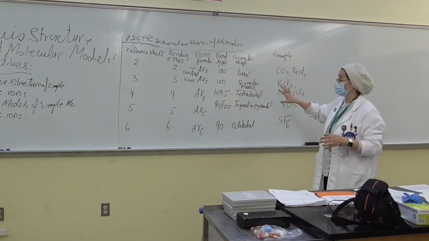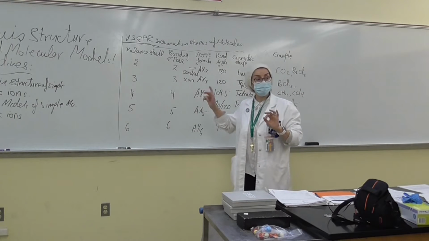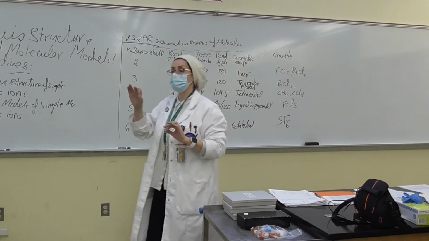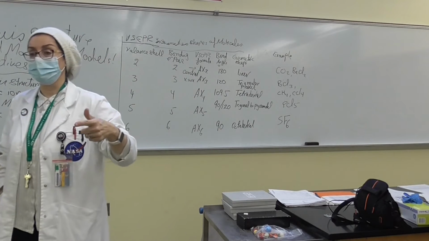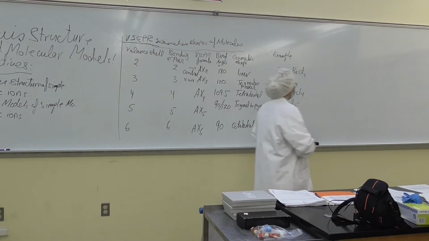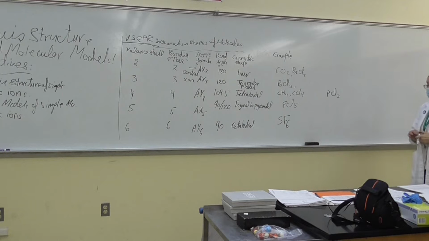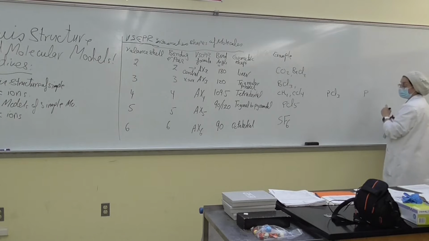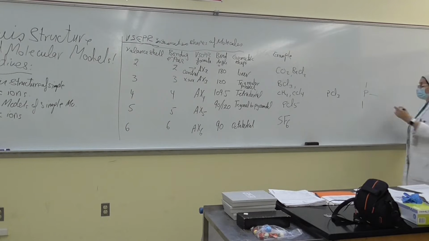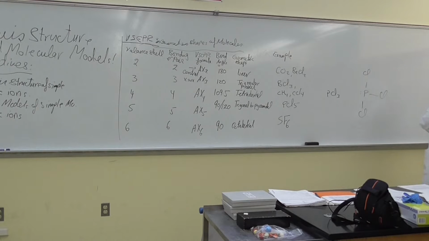Now, all of these are without any non-bonded lone pairs, but the reason I listed them here is that you're going to take them as a guideline, okay? In other words, if we have PCl3 instead of PCl5, what is going to happen? The phosphorus is going to have only 3 atoms surrounding the central atom, and the other position is going to be the non-bonded lone pair.